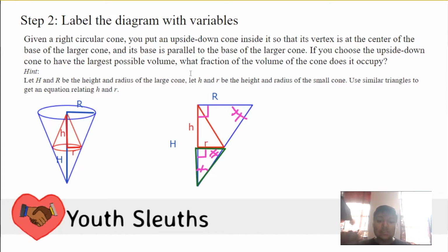So we can now set up a proportion, which in our case would be big R over big H equal to, and we have R here. We already have that.